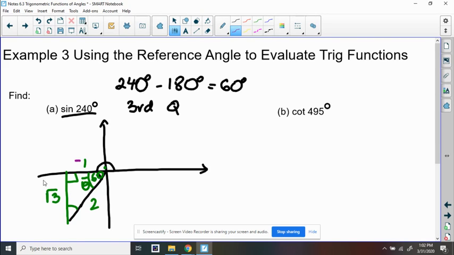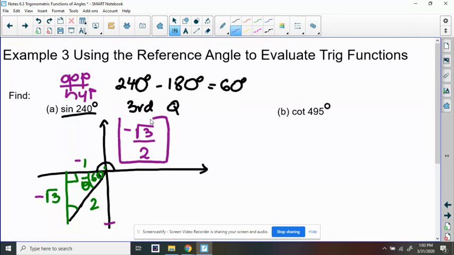And this is our y, which also is negative because it's on the negative side of the y-axis. When we do sine, we know sine is opposite over hypotenuse. So opposite is negative square root of 3 over hypotenuse, which is 2. So sine of 240 degrees is negative square root of 3 over 2.